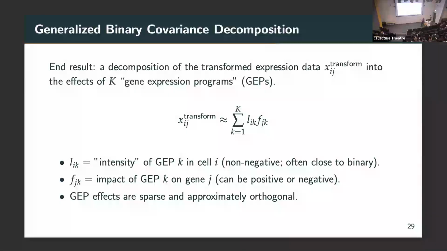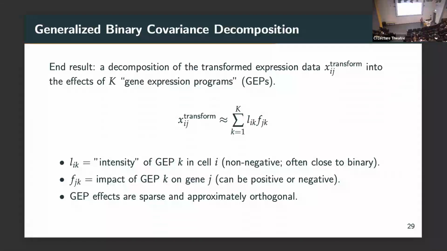And you can think of the L's as non-negative, capturing how strong is component K in cell I. And you can think of F as what's the impact of component K on gene J, which can be positive or negative. So the idea here is that it's a semi-non-negative matrix factorization.